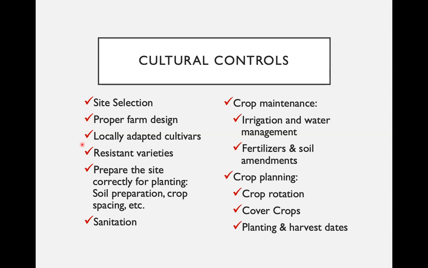Cultural controls also include the type of plants that you decide to grow, like choosing locally adapted varieties that are hardy for our area, or varieties of crops that are known to be resilient, resistant to certain pests or certain diseases, for example.